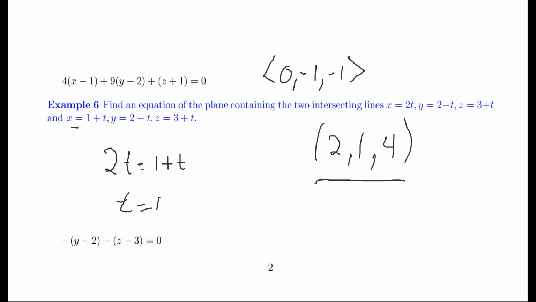Okay, so if we have that as our point, then we can find the equation of the plane now. So how do we do that?